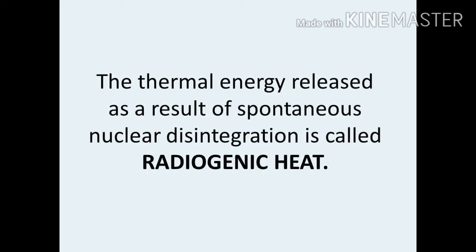Uranium is a special kind of element because when it decays, heat is produced. The radiogenic heat is produced by the radioactive decay of isotopes in the mantle and crust, and the primordial heat left over from the formation of the Earth.